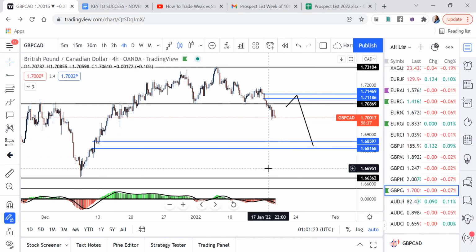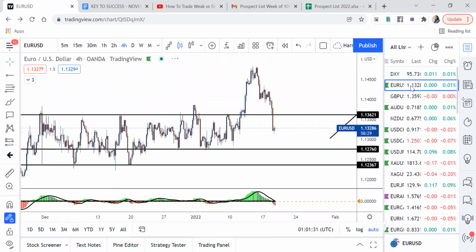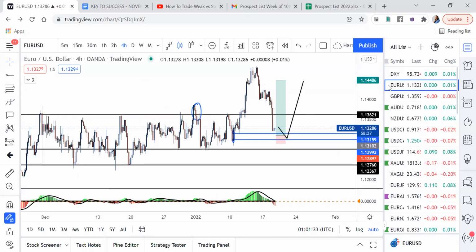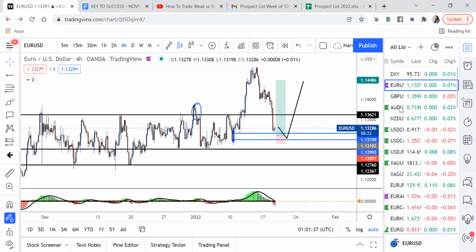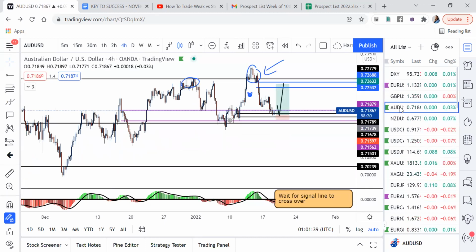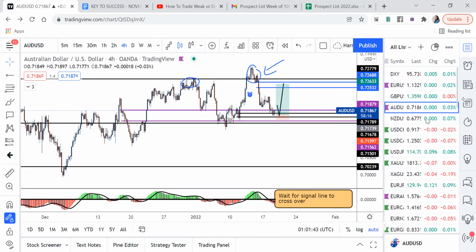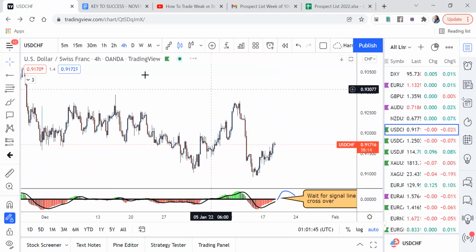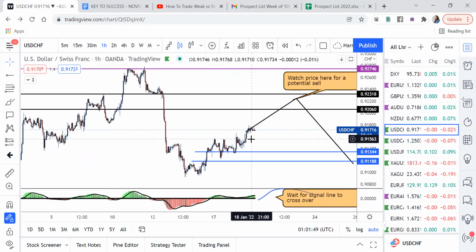Okay, so I'm not going to run through any more setups because you have a lot. And what I would say is that for tomorrow, you have your USD potentially, an AUD USD for tomorrow as well, potentially. Let's look at USDCHF. I'm going to tell you guys which ones to really keep your eyes on for tomorrow.